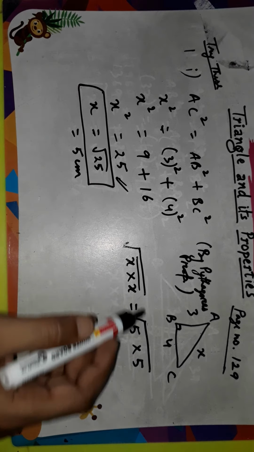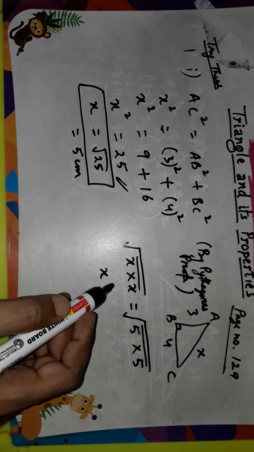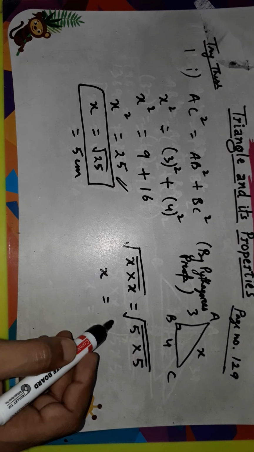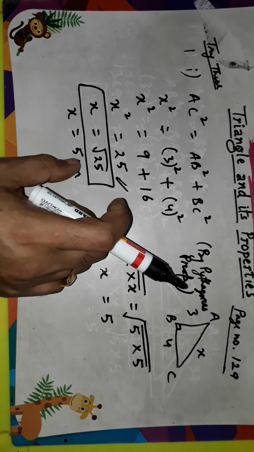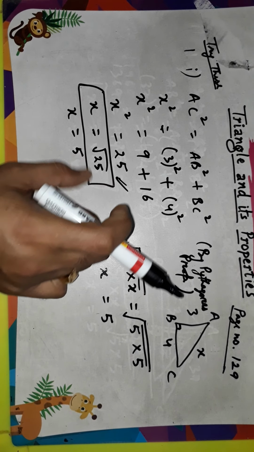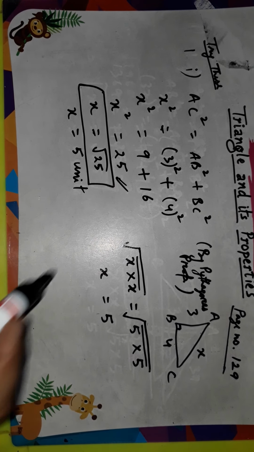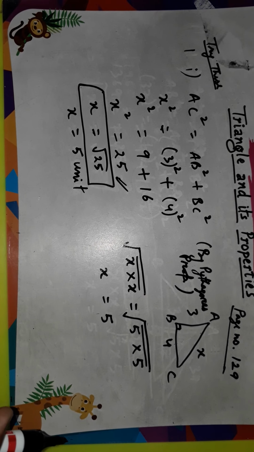Then you make pairs, and in that way you take 1 out of 2. So here you have got x, and here you get 5. That is why the value of x is 5. The unit is not mentioned here, so you will not write centimeter, but you will mention unit. In this way you get 5 units as the answer of this particular question.